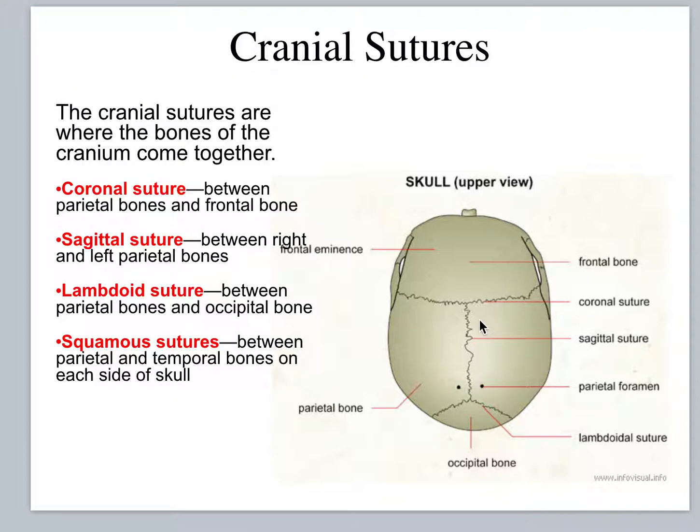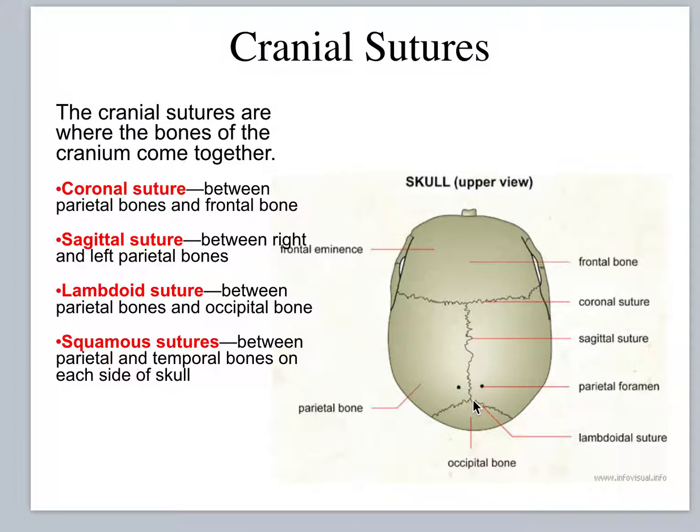The sagittal suture. Remember the sagittal plane when we discussed that in the second lecture. Sagittal plane separates the body into left and right halves, and the mid-sagittal line separates evenly. The sagittal suture is somewhat in the sagittal plane, and it separates the left and right parietal bone. The lambdoid suture is here. It's kind of a Y-shaped suture.